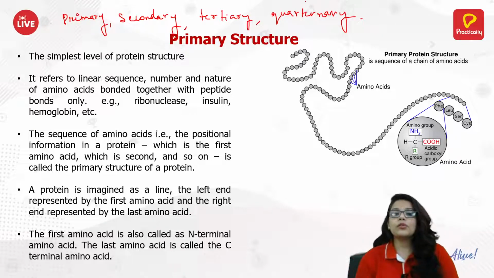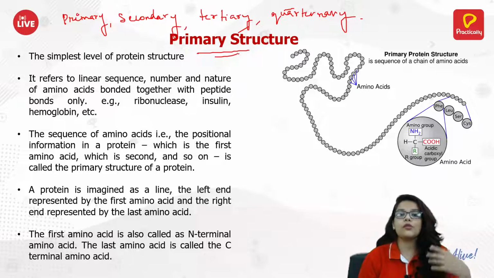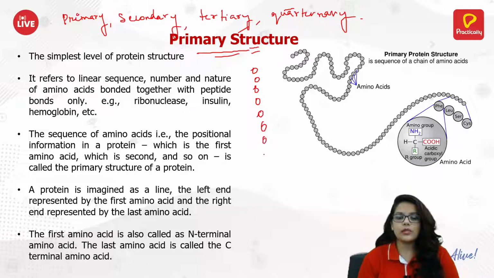One of the simplest structures in protein is the primary structure. It's very easy to remember. What happens is there'll be amino acids, suppose these are amino acids.